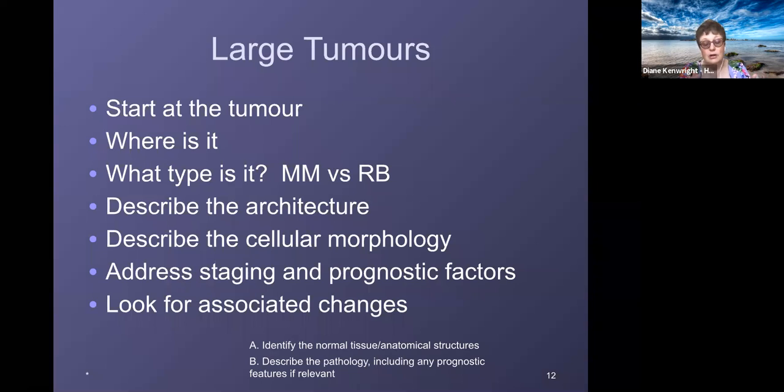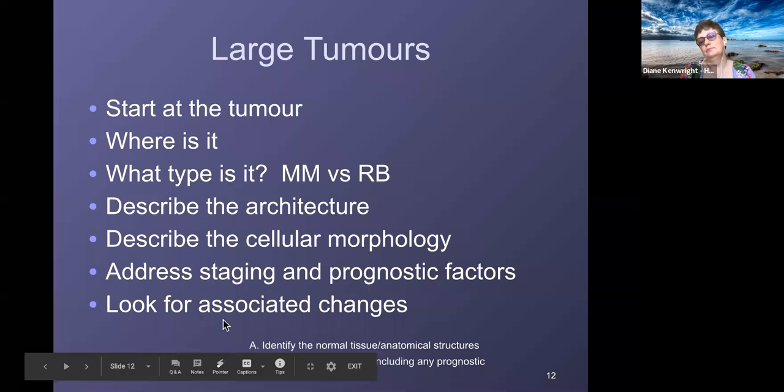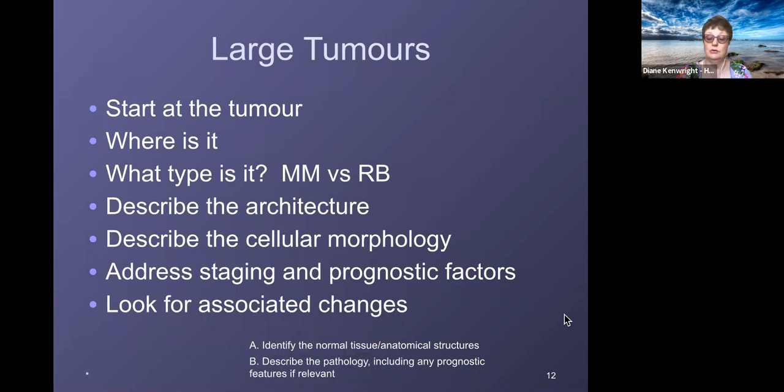So you have to know that there's optic nerve invasion, scleral invasion, that there's invasion of the nerves and vessels in the sclera, that neovascularization is often associated on the iris with tumors, and tumor in the trabecular meshwork has a poor prognosis. So you actually need the book work of knowing what the prognostic factors are to go and look for them. And then we look for associated changes like the subretinal exudates, which aren't a prognostic factor, but are there. So this is the schema for looking at a tumor. And we'll run you through this lots.